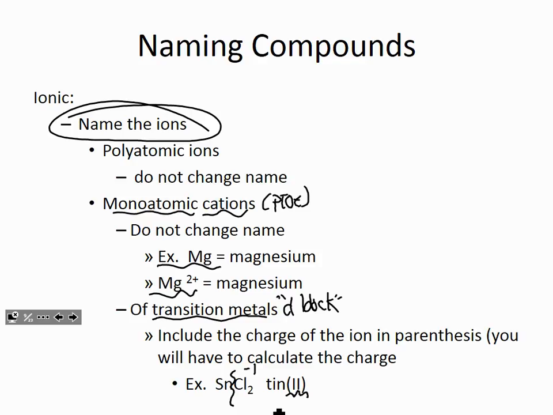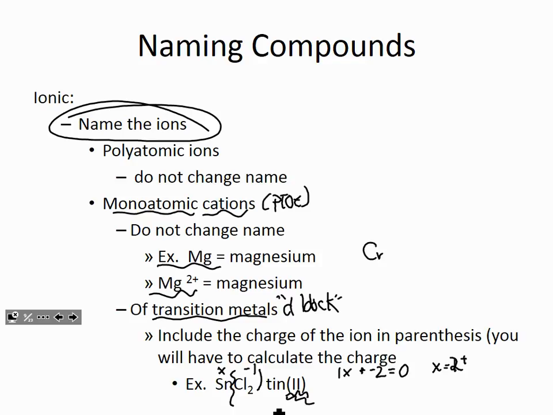We don't know what the charge of tin is. I'm going to call that X. There's 1 tin, so I'm going to say 1X plus chlorine, which is -1 times 2 because there's 2 chlorines. So 1X plus -2 has got to add to equal 0. All compounds are electrically neutral. So here we can see that X is equal to 2 plus. And that's where we get this Roman numeral 2.